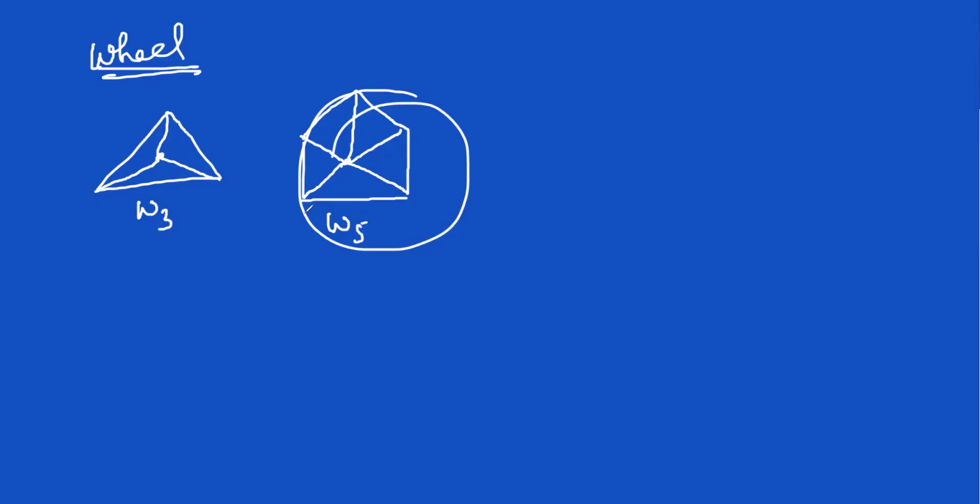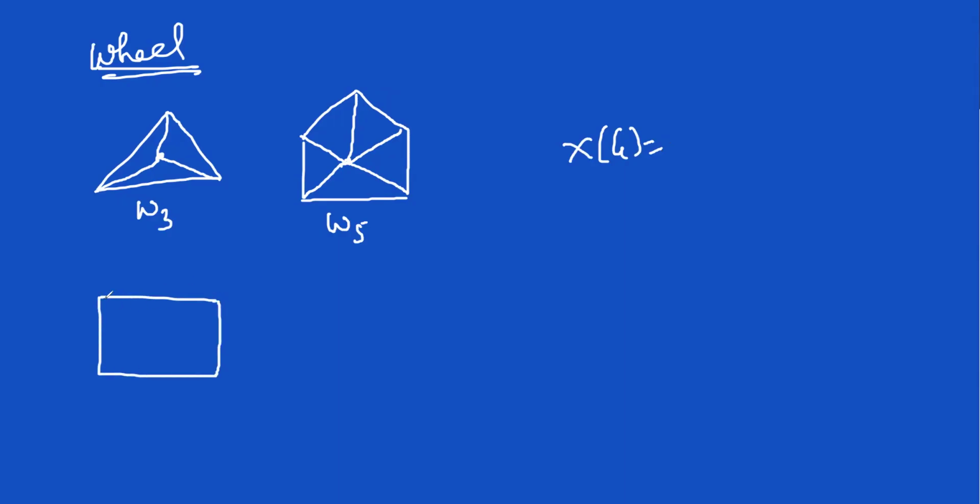What is chromatic number of this? This is red. So nothing can be red. This is blue. This can be blue, right? They are not directly connected, right? Yellow. This is what? Let's suppose pink.